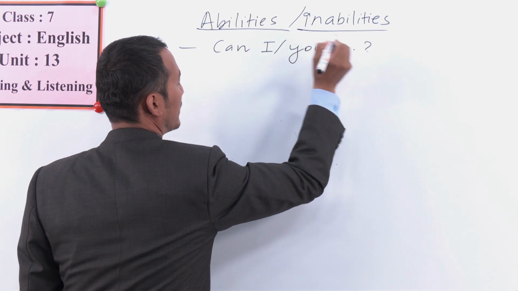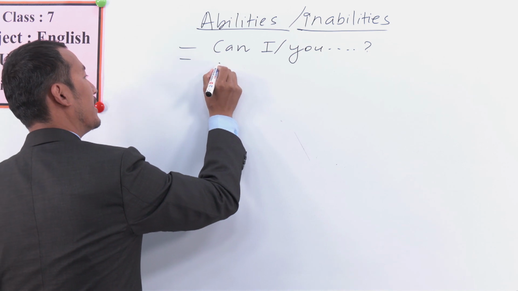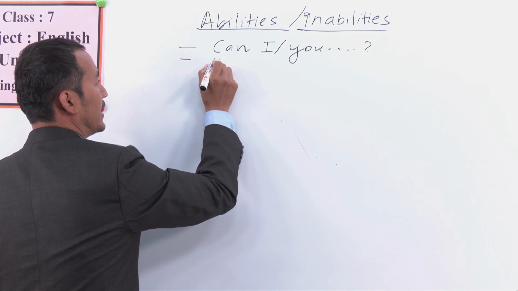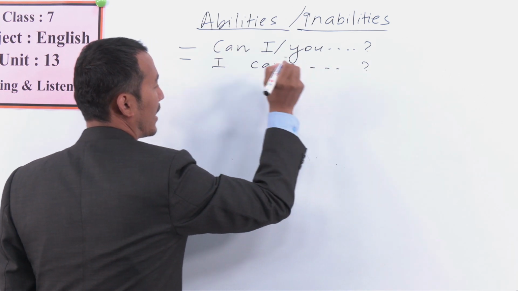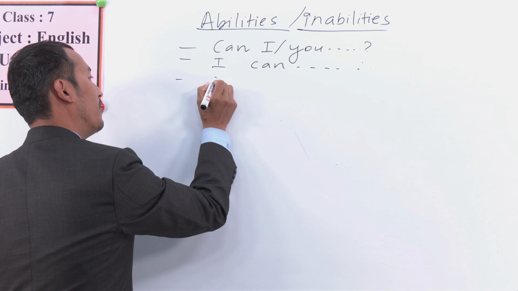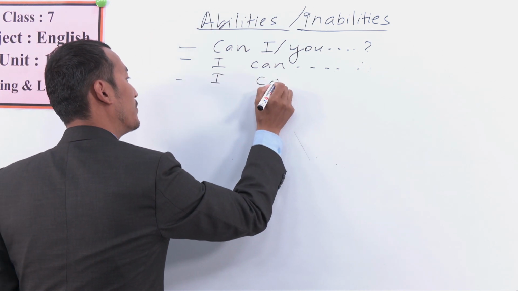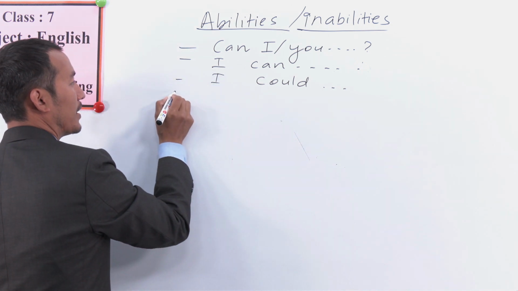We have seen sentences where someone can or I can do something, and we also saw "I could" do something.